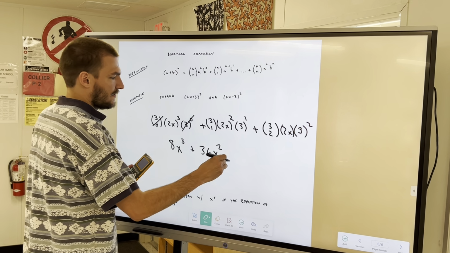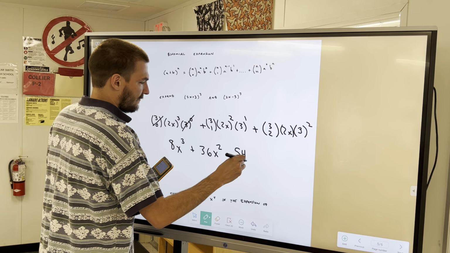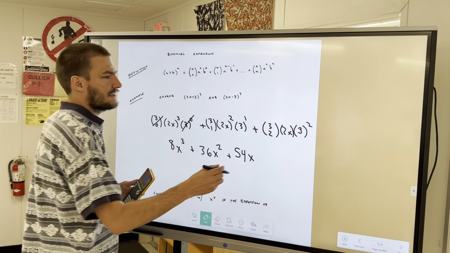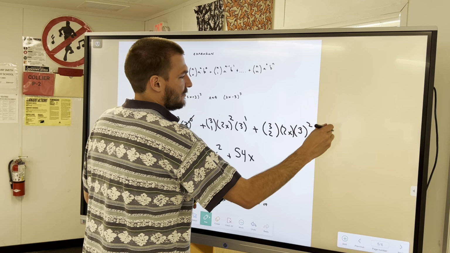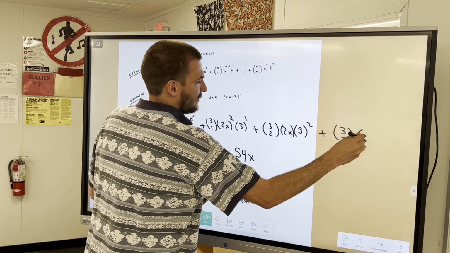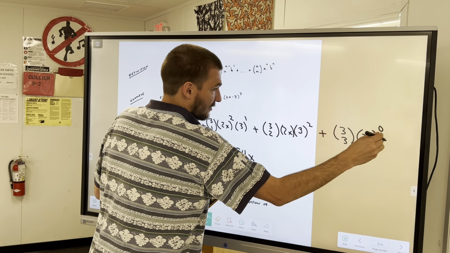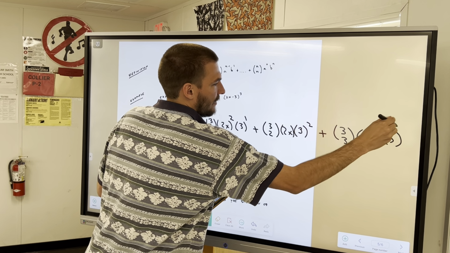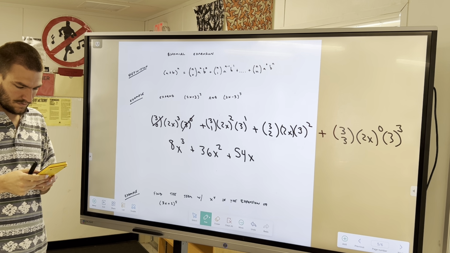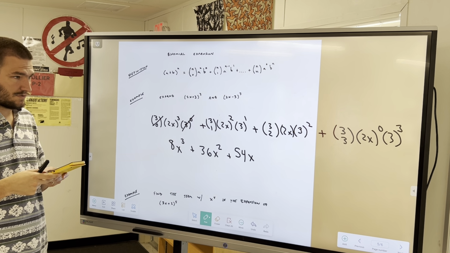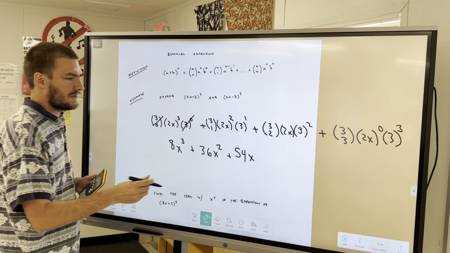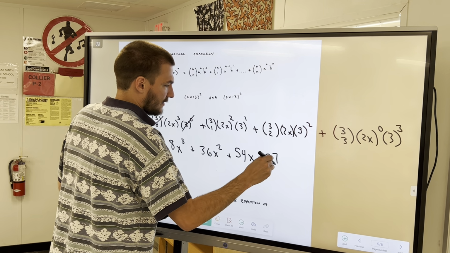This is going to be 54x. And lastly, how many different ways can you choose 3 choose 3, 2x to the power 0, and 3 to the power 3? 3 choose 3 times 3 times 3 times 3. And I got 27.